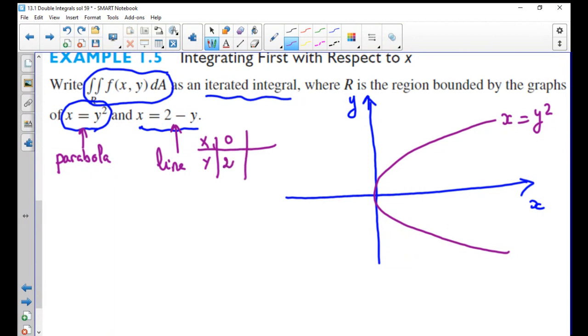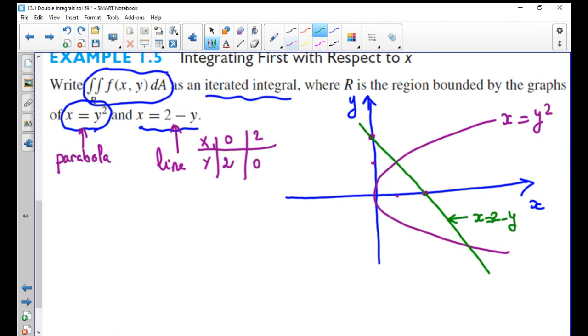And when y is 0, x is also 2. So this line goes through the point 0, 2, and it also goes through the point 2, 0. So we will get this line here.